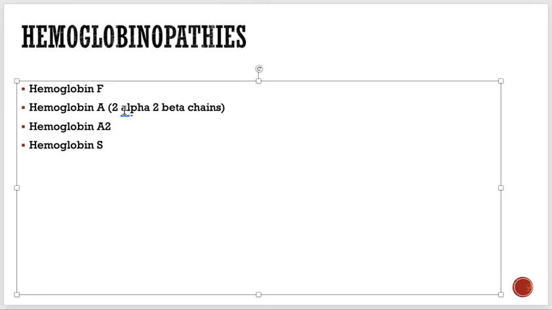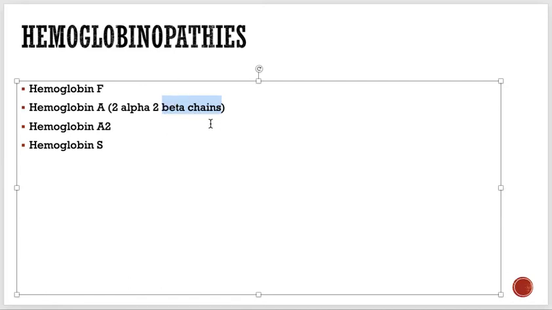Of course, two alleles the person takes from the father, and two alleles from the mother, and there could be an abnormality in any of the alleles. So there are four types of alpha thalassemias, and beta thalassemia has two alleles. Of course, there could be a combination of any of these things.